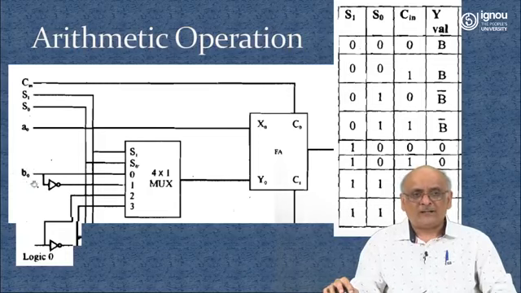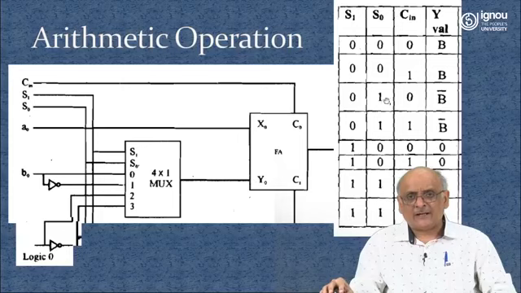The input is going to be the bit of input B, and it is fetching the bit of input A. A is always there with X0, and B0 is directly coming here. If I have S1 as 0 and S0 as 0, there are two entries over here, because C in can be 0 or 1, so we will consider it as only one entry.